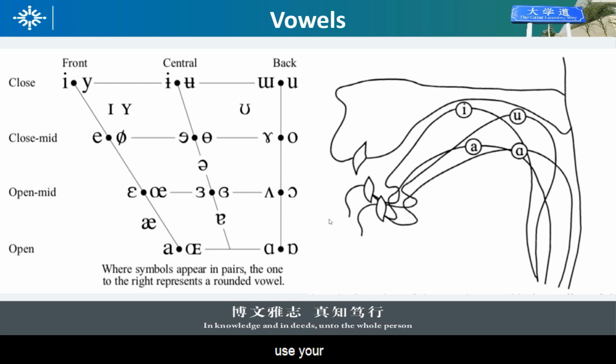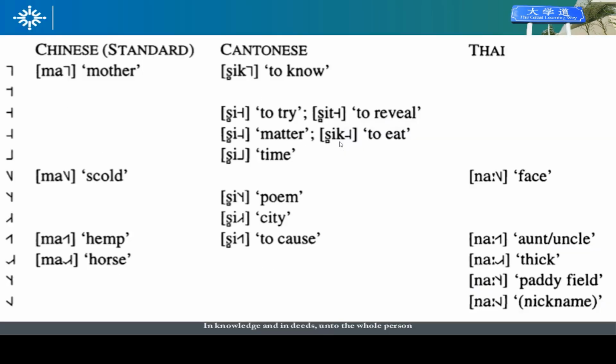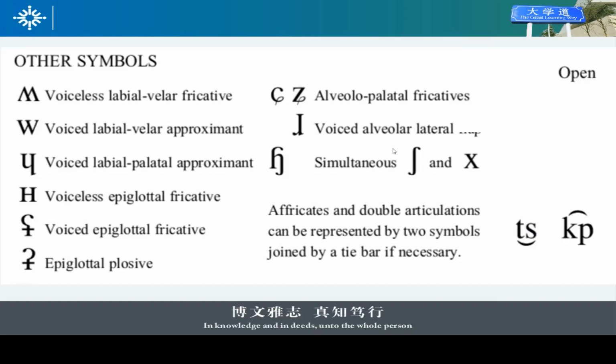It means you use your alveolar here, and you also use the corresponding parts of your tongue to make friction between them. Sh, sh.